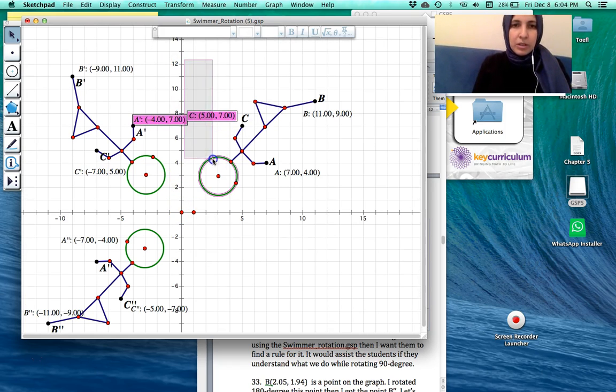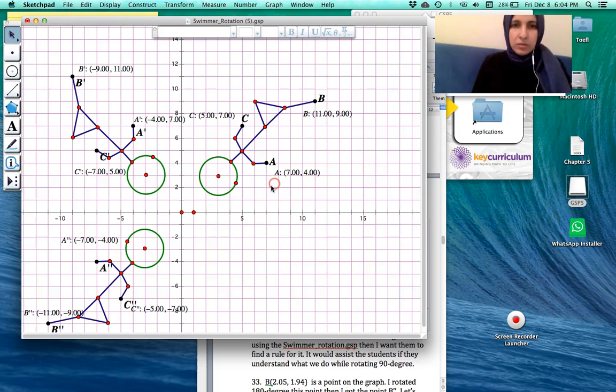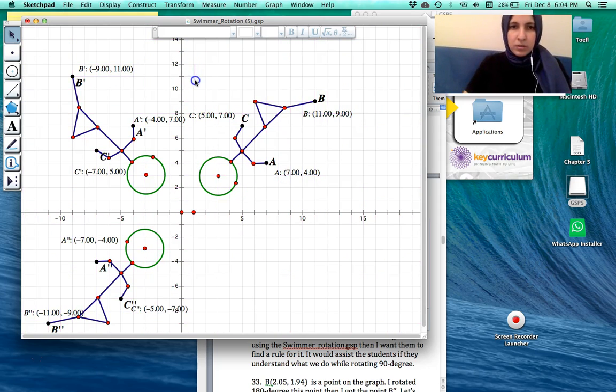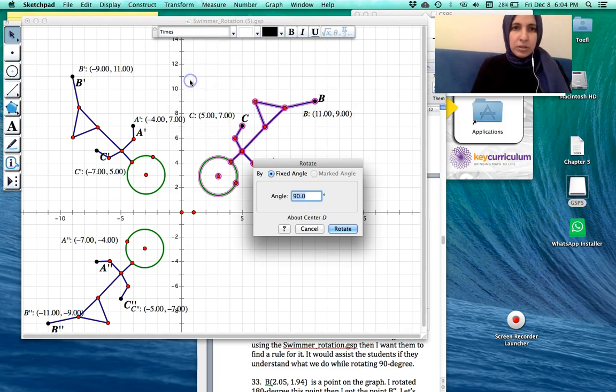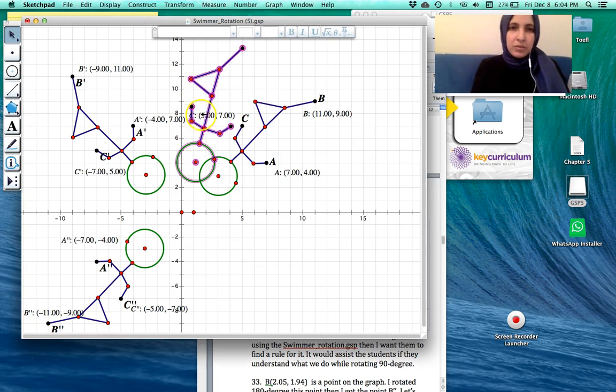Also, I can rotate again, and rotate as a 30 degree, and I got another one, but I couldn't predict the rule of rotation for it.